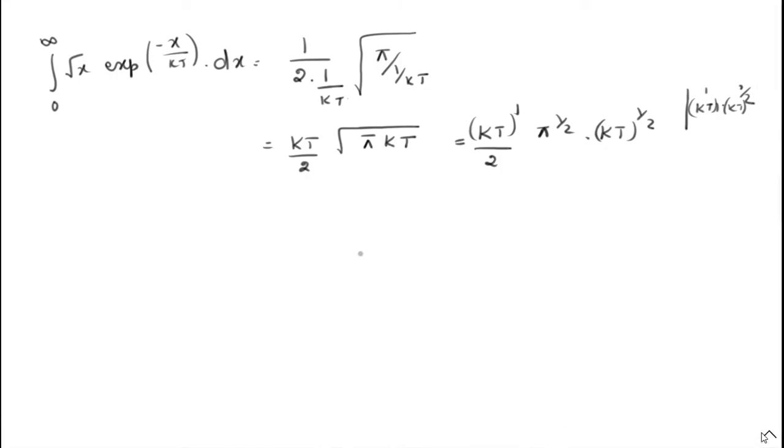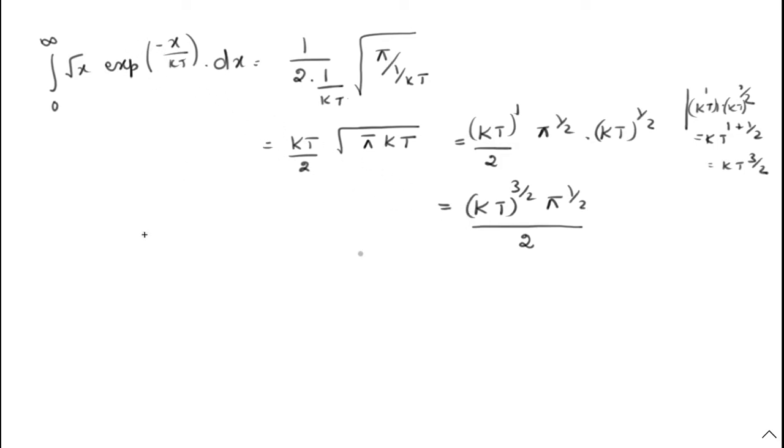So how can we write? Which should be equal to kT power 1 plus 1 by 2, so that it will become kT power 3 by 2, right? So according to this, I am writing kT power 3 by 2 and then pi power 1 by 2 whole divided by 2, right? So this is the answer for this integration part.